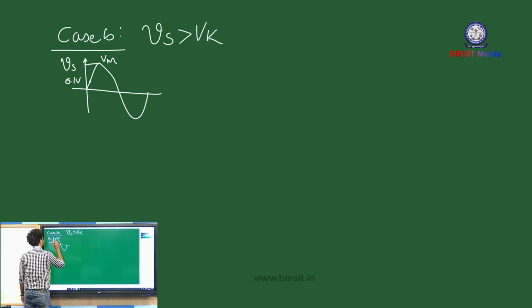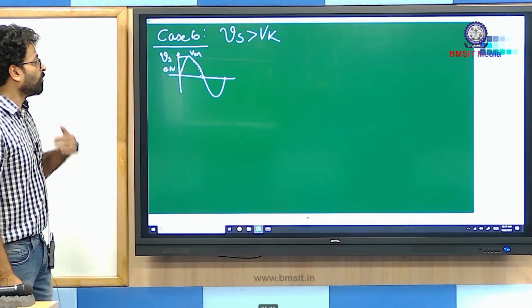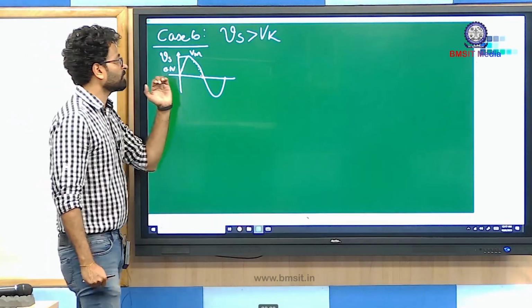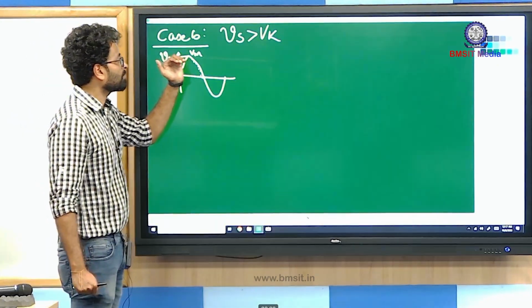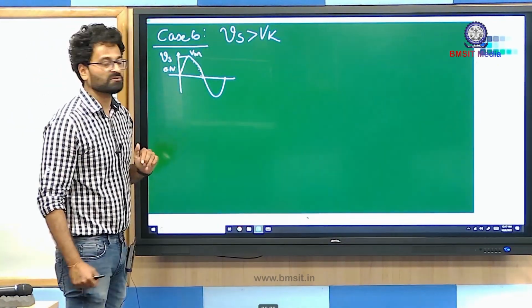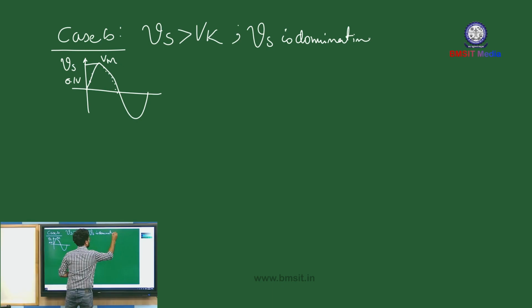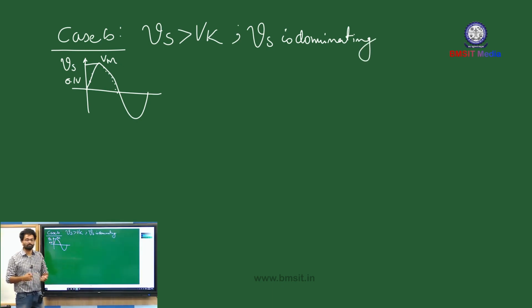So it has multiple, in fact, infinite instantaneous values. So what if those instantaneous values are greater than Vk? Whenever your Vs is greater than Vk, you can say that Vs is dominating simply because Vs has more potential to circulate the current.